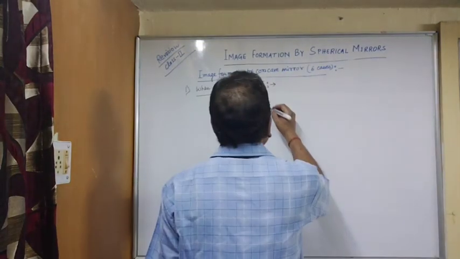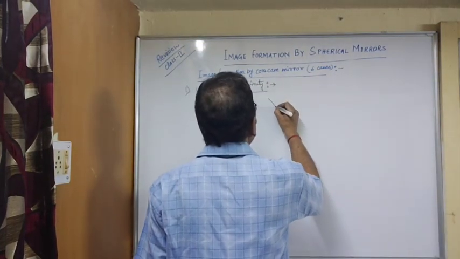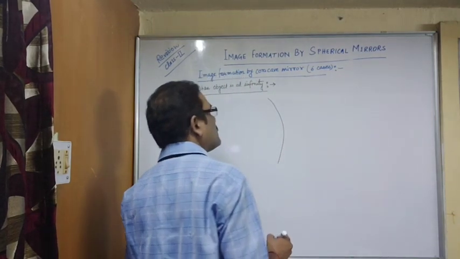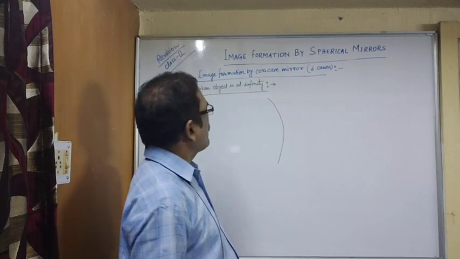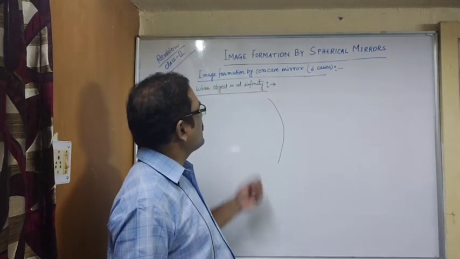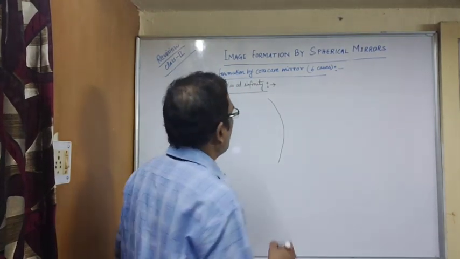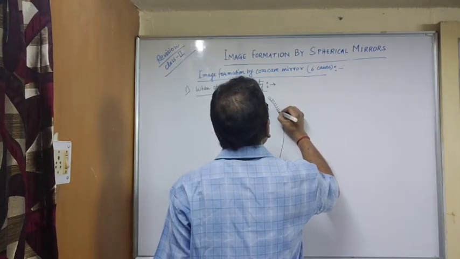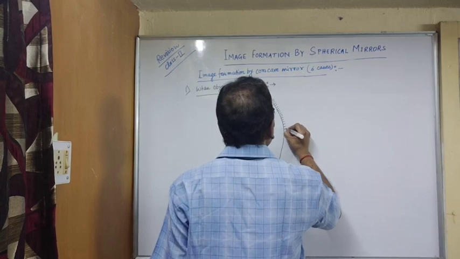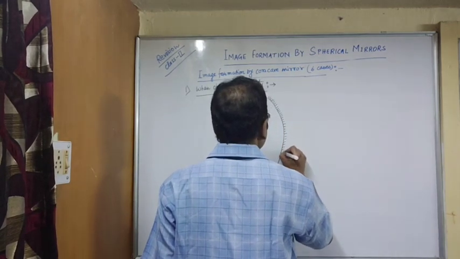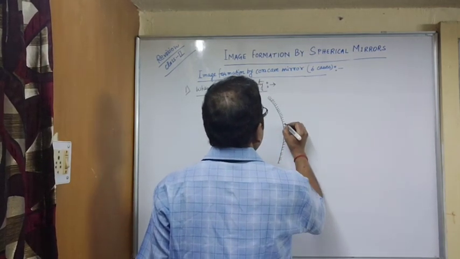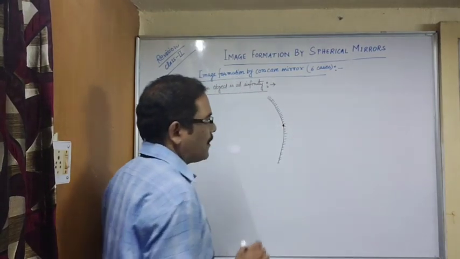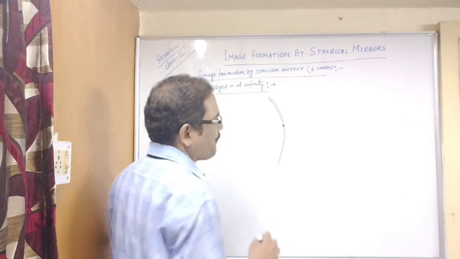So first draw a concave mirror. In all the cases when you are drawing image formation by concave mirror, you have to draw the diagram of mirror, concave mirror first. Then you have to mark the center of reflecting surface.